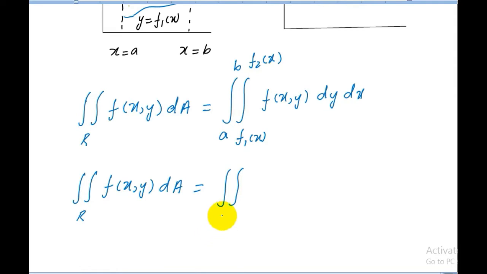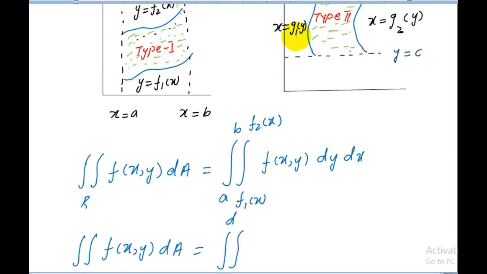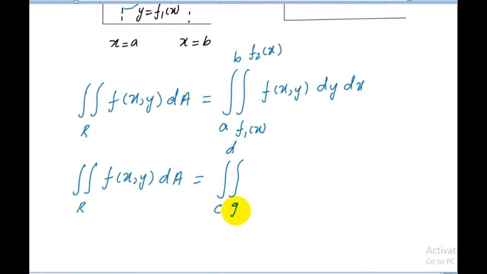So we can write it as c to d, limit of y, and limit of x is g1(y) to g2(y), f(x,y) dx dy.